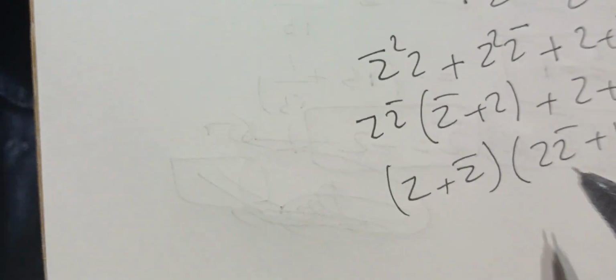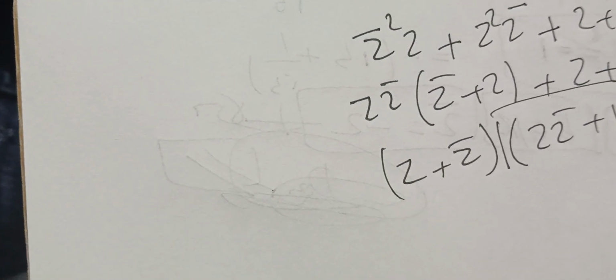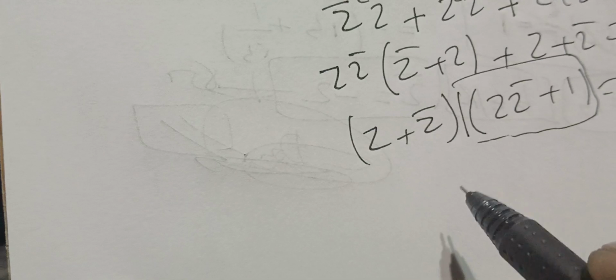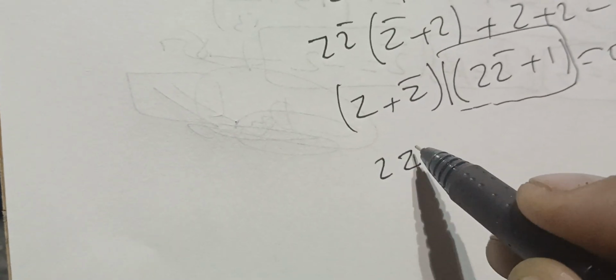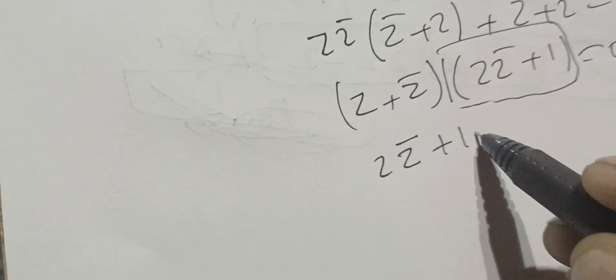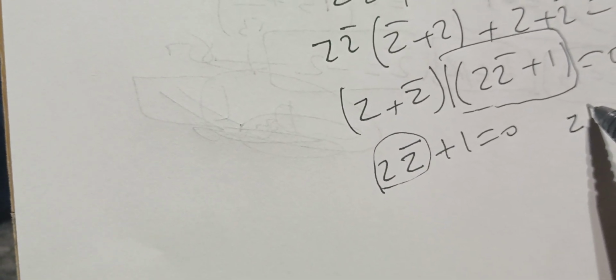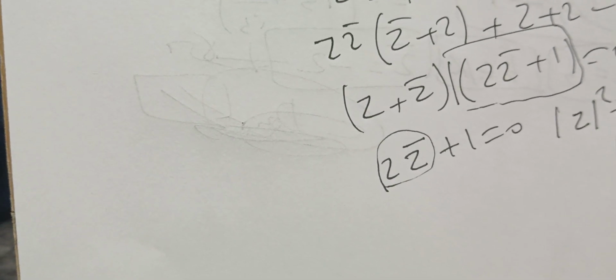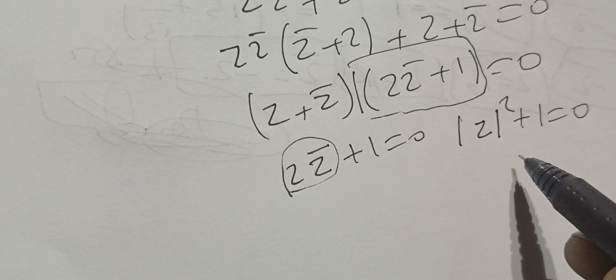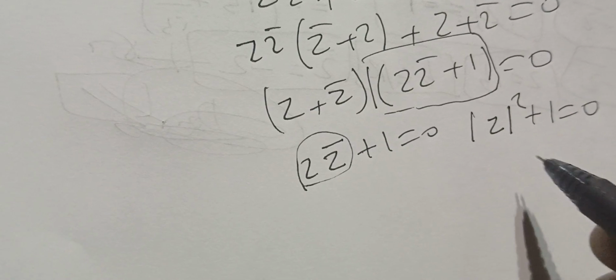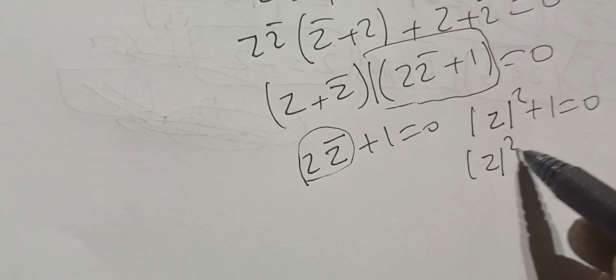Okay, so here we notice one thing. This z times z bar plus 1 equals 0. This number z z bar is just the modulus of z squared, so the modulus of z squared plus 1 equals 0. That means the modulus of z squared is minus 1.